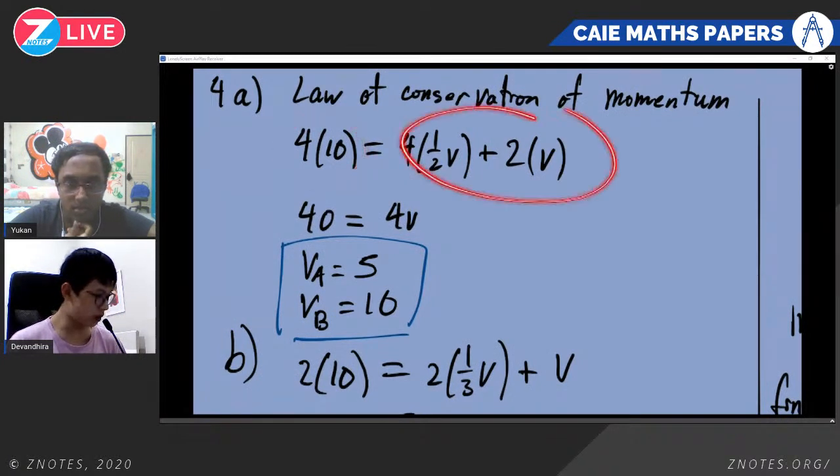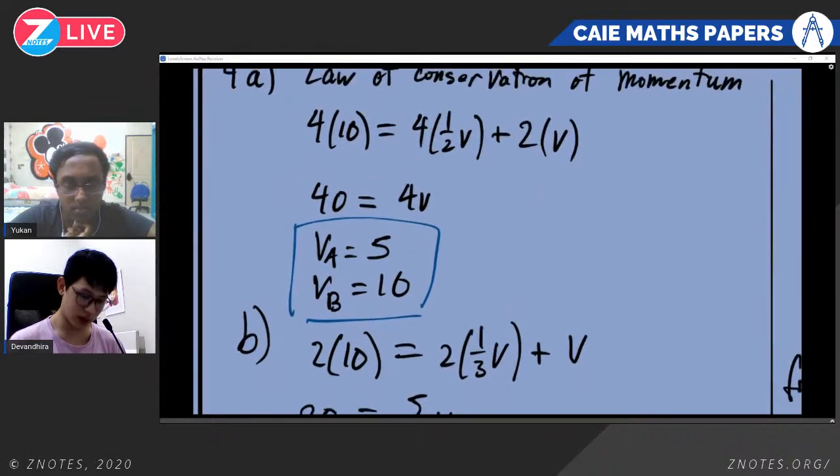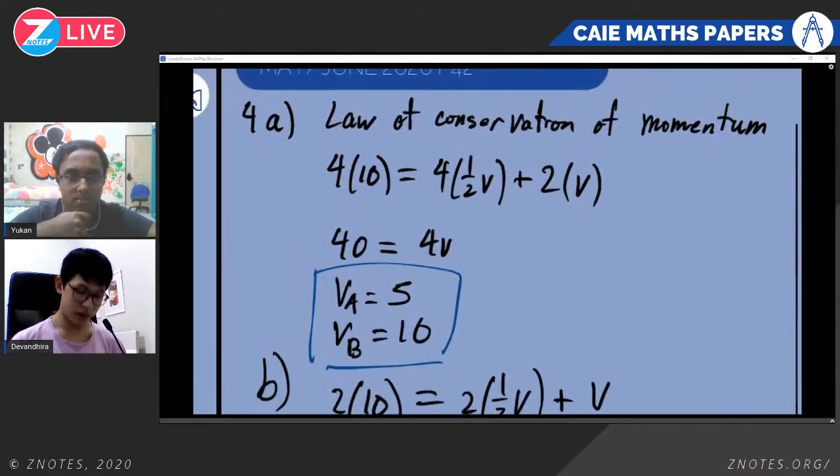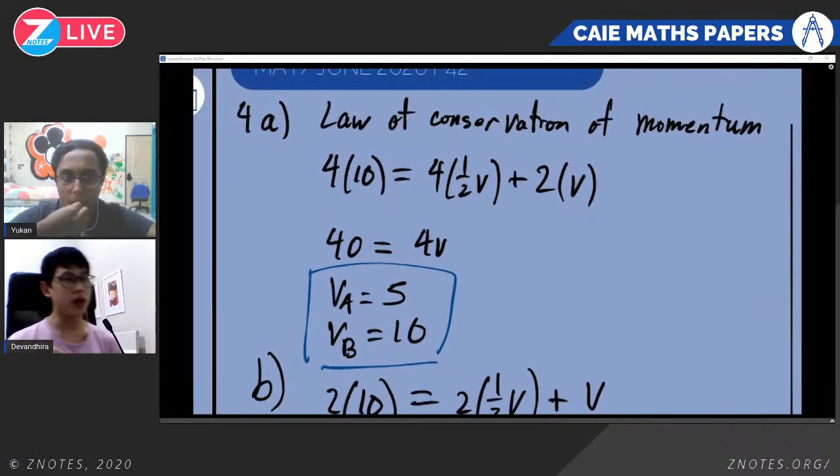When you simplify, it'll be 4V. Divide both sides by 4, and you get that V is 10. But V is the speed of ball B. If you want the speed of ball A, you divide by 2, so 10 divided by 2 gives 5. Agree there? Yep. All right.